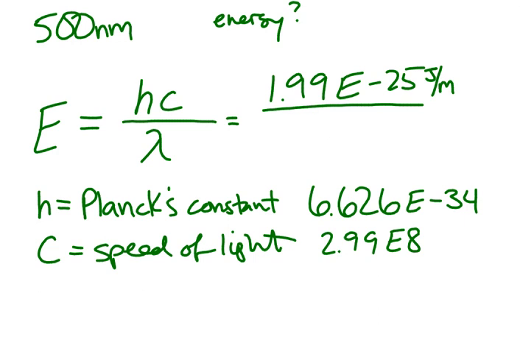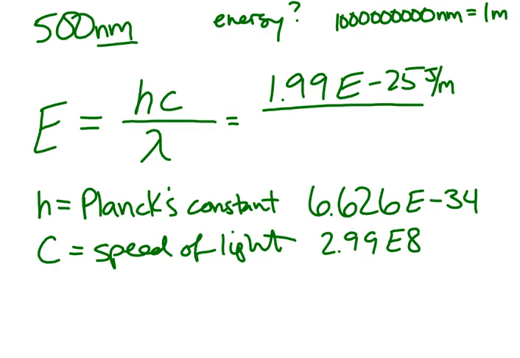Okay. The bottom wavelength is in meters, but if you notice, I have nanometers. So you'll have to do a dimensional analysis conversion first. Remember that 1 billion nanometers is equal to 1 meter.